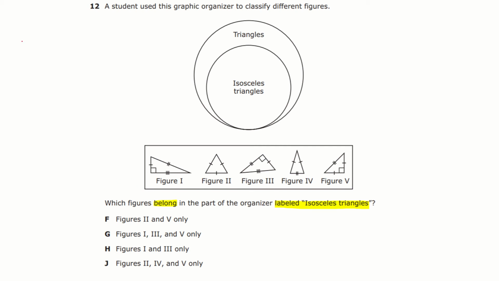So before we start, we have to know what isosceles triangles are.